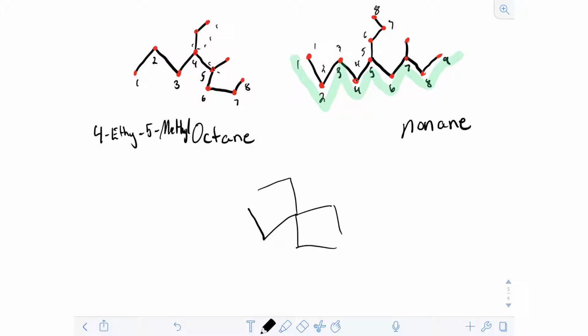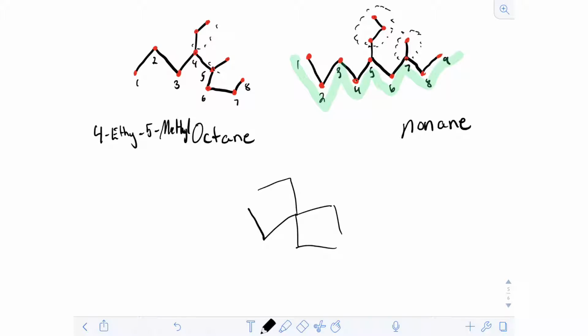And we see a propyl group here, a methyl group here, and that is it.